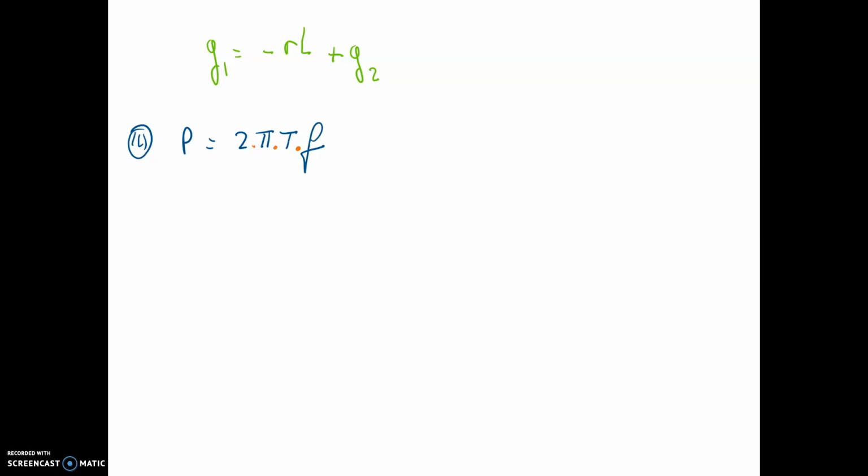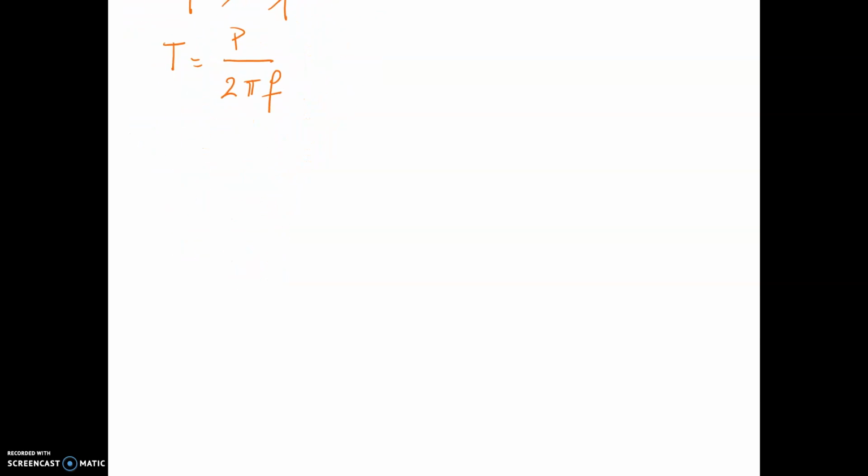That means you need to get rid of the 2 pi and the F. Because you have a multiplication, you need to divide by 2 pi F. F divided by F, pi divided by pi, 2 divided by 2. But if you divide by 2 pi F on the right, you need to divide by 2 pi F on the left. Therefore, T will be equal to P over 2 pi F.